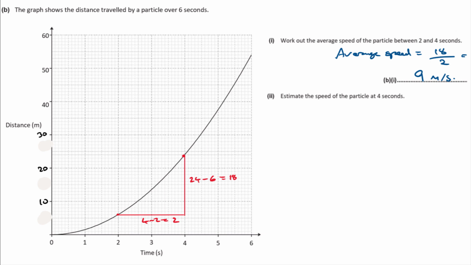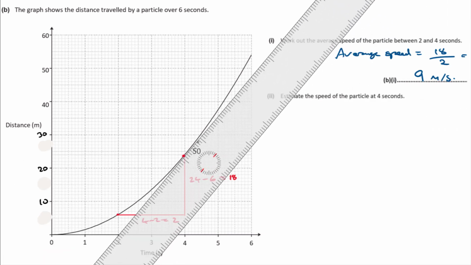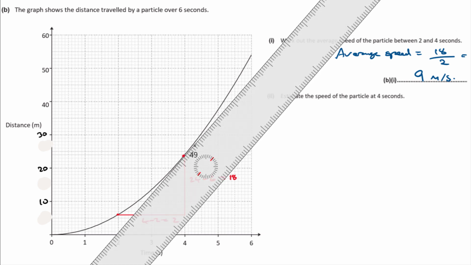Then part 2 says estimate the speed of the particle at 4 seconds. If I want to estimate the speed at that point, it's a curved graph. The speed is the gradient of the line, but it's curving. So I need to draw a tangent at that point and use that as an estimate of the gradient at that point. So drawing on my tangent.